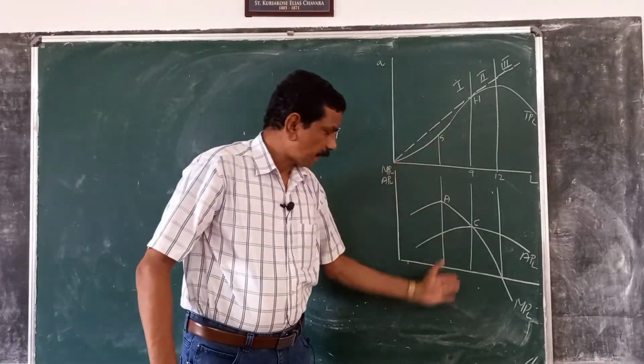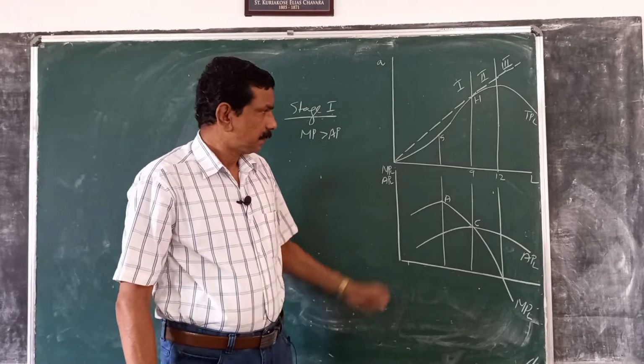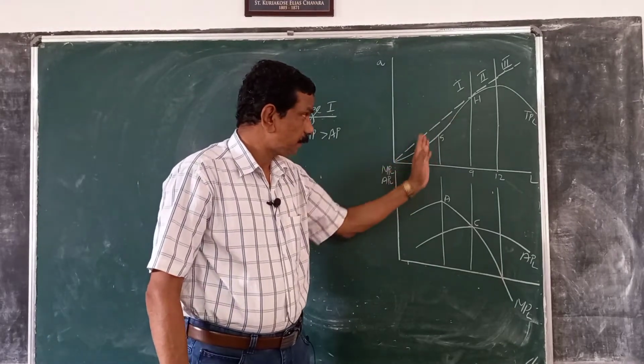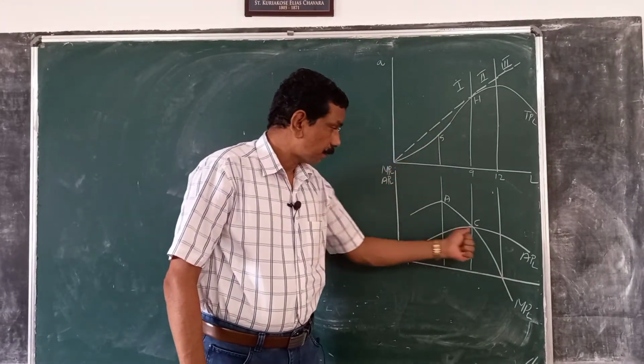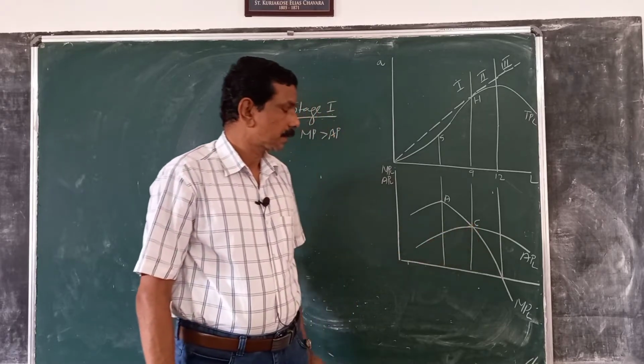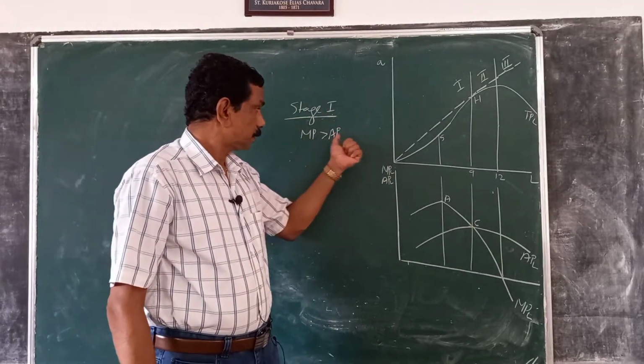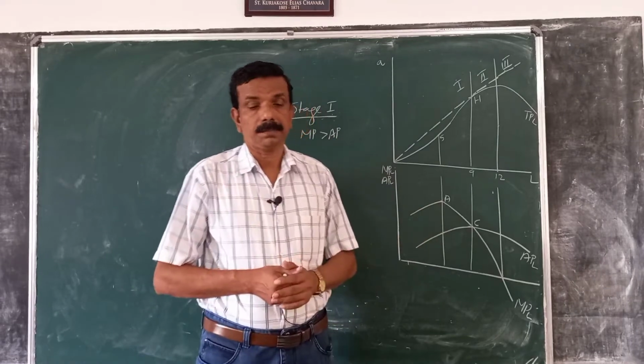In terms of the graph, the first stage is from the origin up to point C. And in this stage, MP is greater than AP.